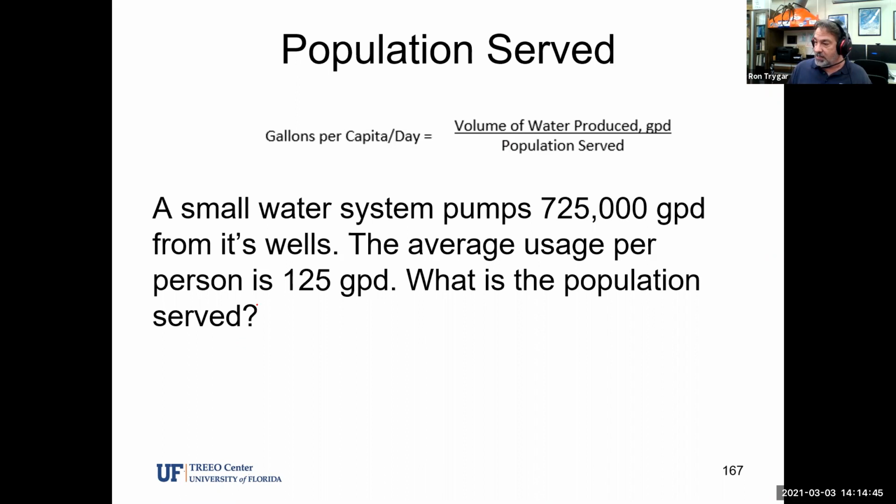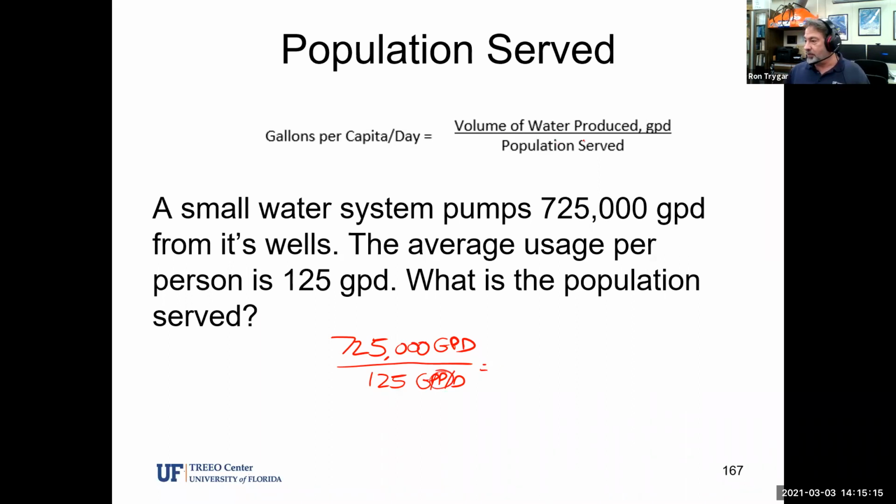This one is, we have 725,000 gallons per day, and we're trying to figure out the people. So we would divide this by 125 gallons per person per day, and we're going to end up with persons as our final answer.